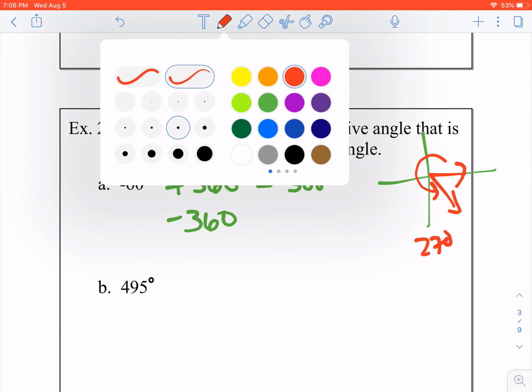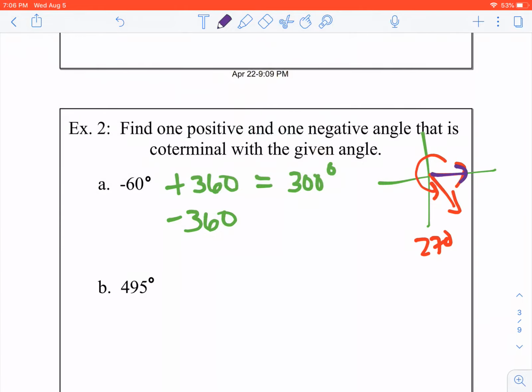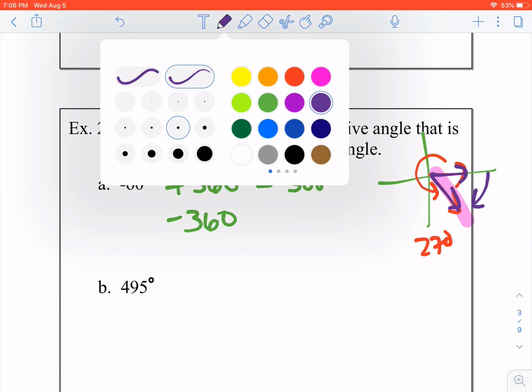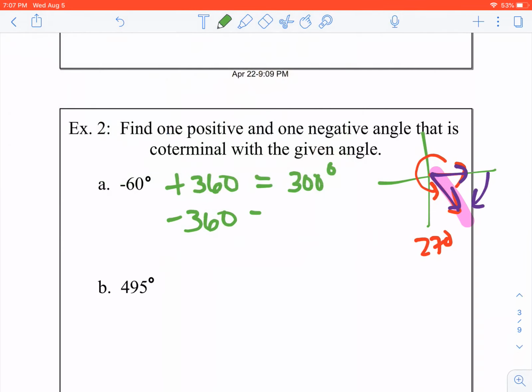Then if I plot a negative 60-degree angle, which would be 60 degrees in this direction, their terminal sides end up at the same place. Now, if I take negative 60 minus 360, that's going to give me negative 420. So it's going to look like this, except you're going to go around one revolution and 60 more.